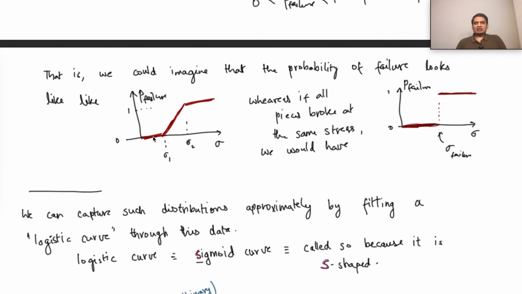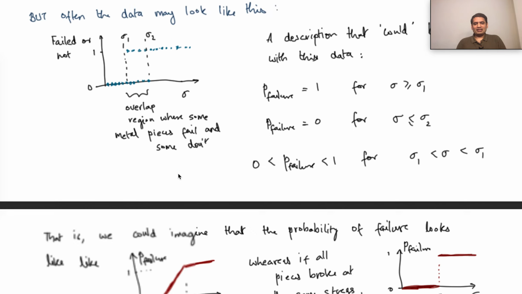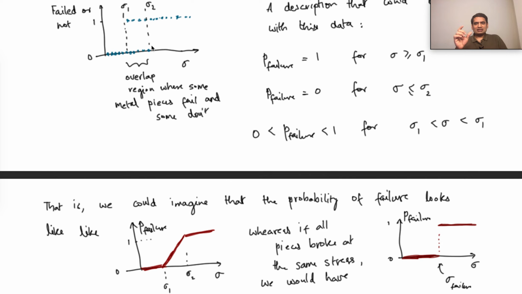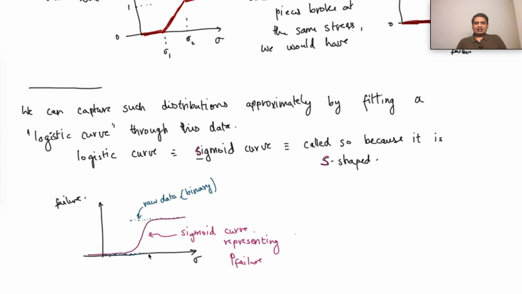So that's how you would construct a curve like this. You can construct a probability curve based on raw data that always has either failed or not failed. So you convert discrete data into continuous data like this, and then maybe you can try to approximate this data with what's called a sigmoidal curve.